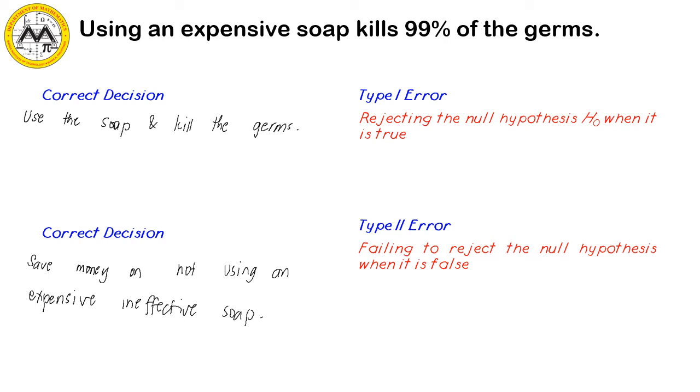What is type 1 error? Reject the null hypothesis. So we reject the hypothesis that using the soap will kill 99% of the germs. So we reject the hypothesis, so do not use the soap.